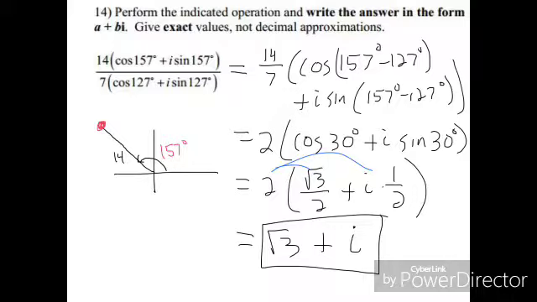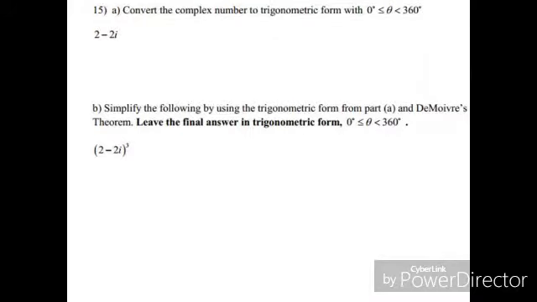Alright, next problem. Convert the complex number to trigonometric form. Alright, 2 minus 2i. First off, where is 2 minus 2i? It's right there. So that point, we can draw this triangle. Well, that's 2 and that's 2.